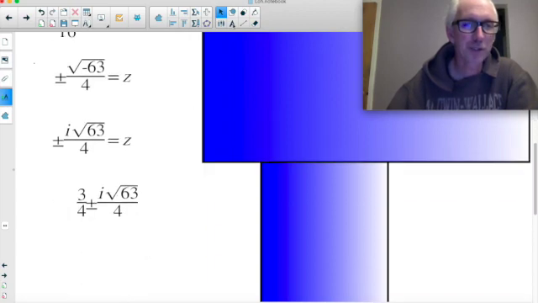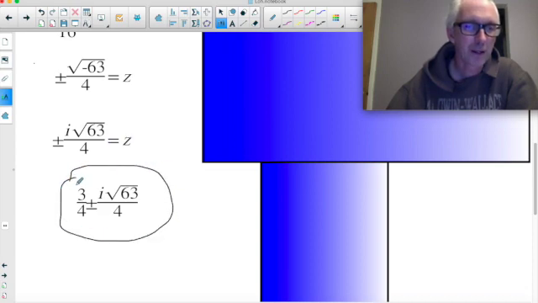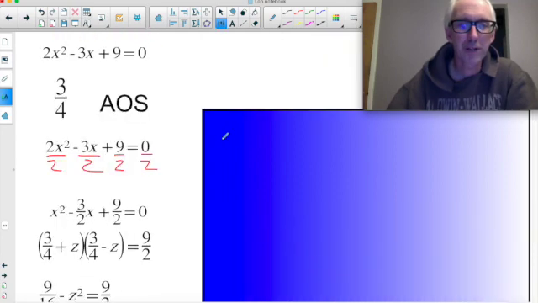Therefore, our solutions are going to be our axis of symmetry, 3 over 4 plus or minus i square root of 63 over 4. All right, we're going to use the quadratic formula over here to verify that that is correct.